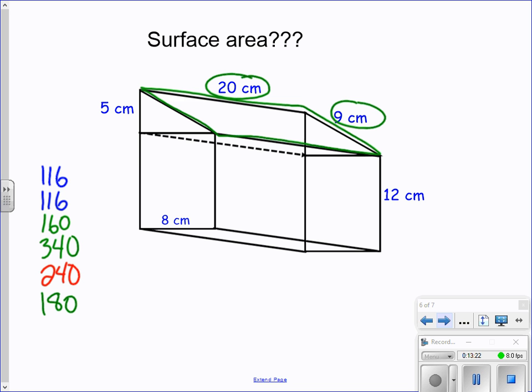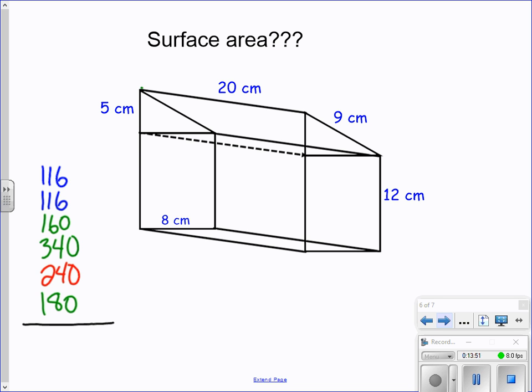Whew. And is that it, I wonder? I think that might be it. It might be all the sides we need. So we've got the front, back, bottom, roof. Yeah, 1, 2, 3, 4, 5, 6 sides we should have, and it looks like we do. So we'll add them all up, and that should give us the total surface area of this shape.